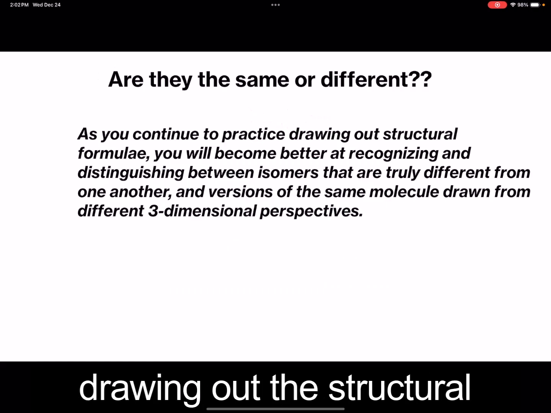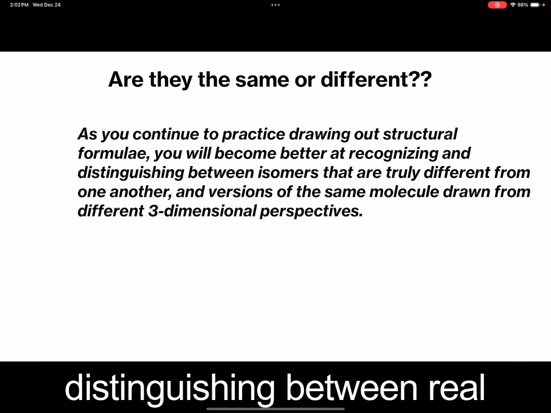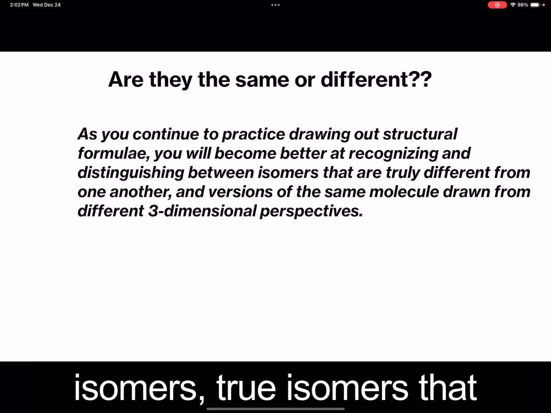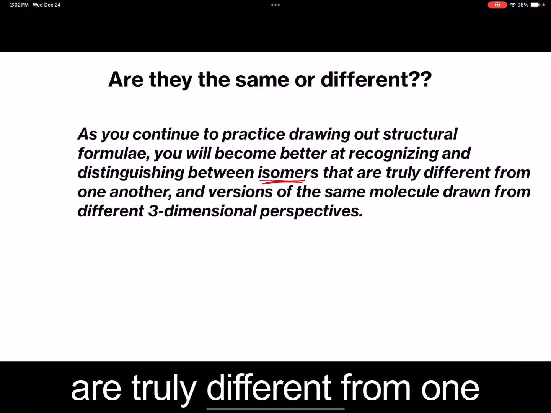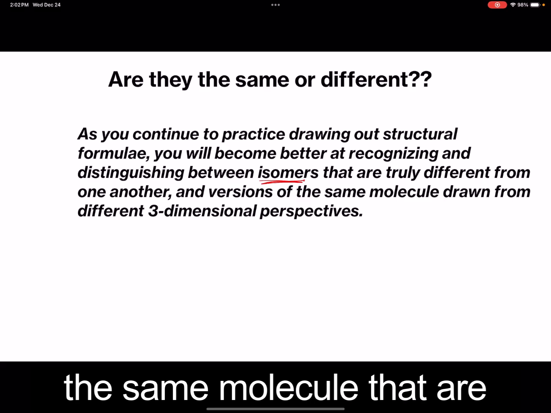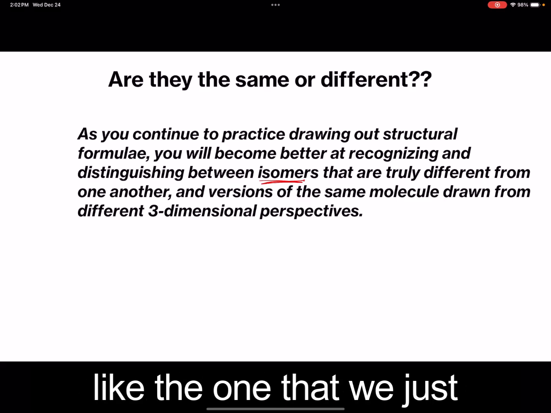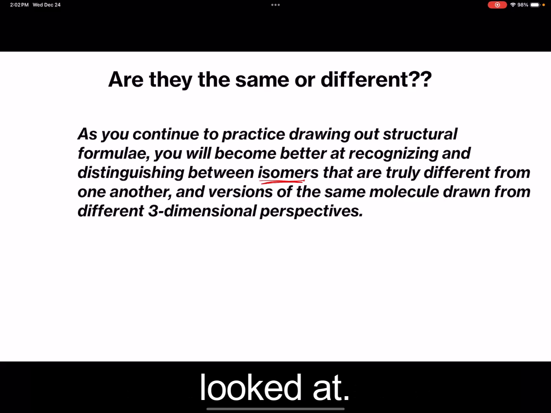So as you continue to practice drawing out the structural formulas, you'll become better at distinguishing between true isomers, that are truly different from one another, and versions of the same molecule that are drawn from different 3-dimensional perspectives, like the one that we just looked at.